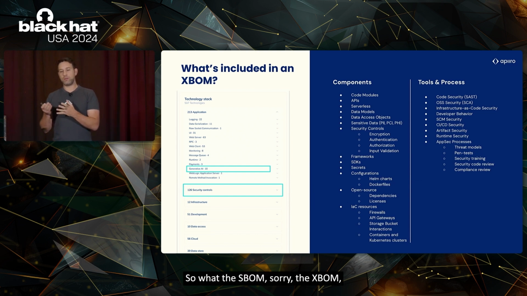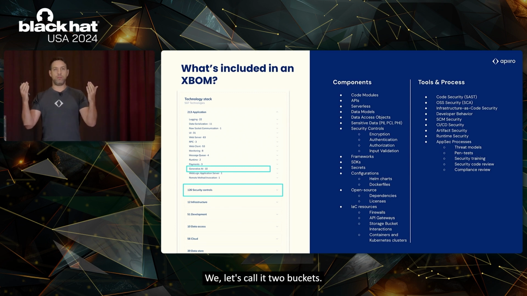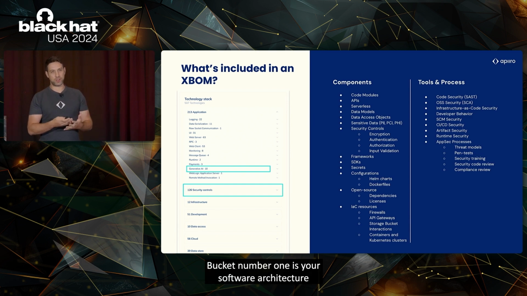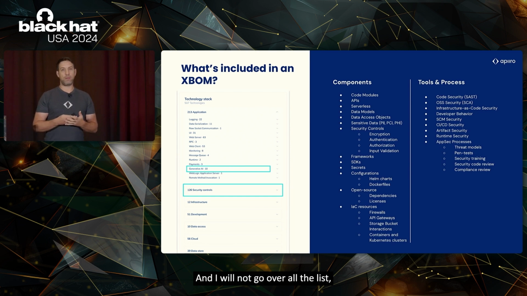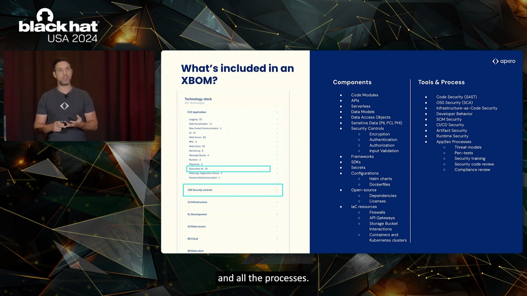So what does the XBOM, the extended SBOM, include? Let's call it 2 buckets. Bucket number 1 is your software architecture or your software components. And I will not go over all the list. But the other bucket has all the tools and all the processes.